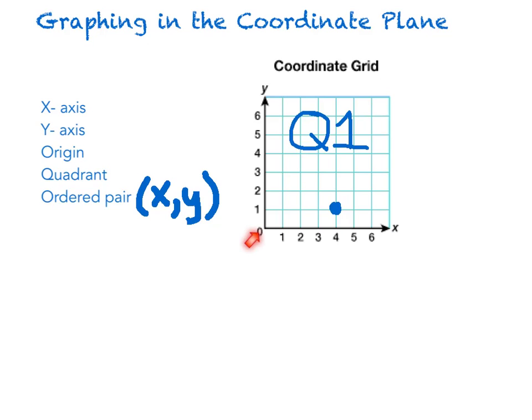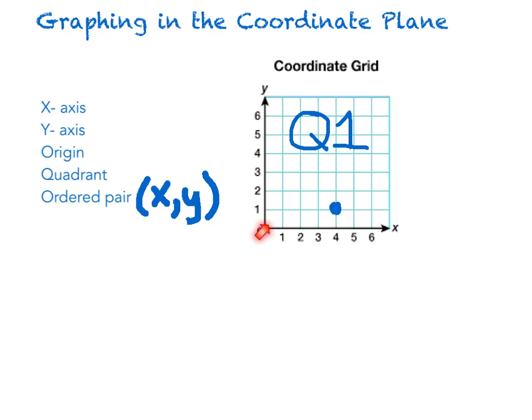So let's look at this point. I'm going to start at my origin. In order to get to that point, I would have to go across 1, 2, 3, 4 spaces on the x-axis. Then I need to figure out how far up to go. Well, according to the y-axis, I need to go up 1 space.